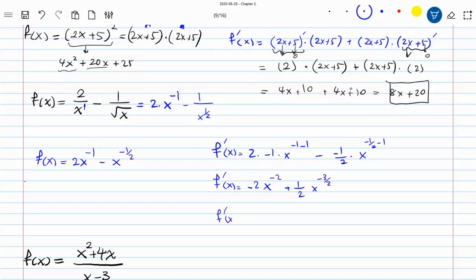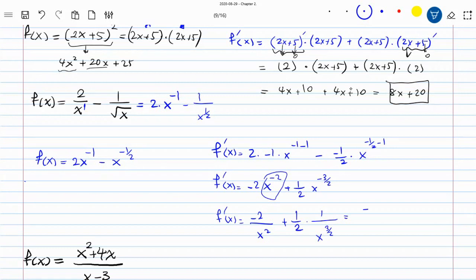So if you rewrite the function back as a fraction, negative 2 is there, and x to the power negative 2 can move to the denominator and become x squared. 1/2 is still there, and x to the power negative 3/2 can move to the denominator and become x to the power positive 3/2.